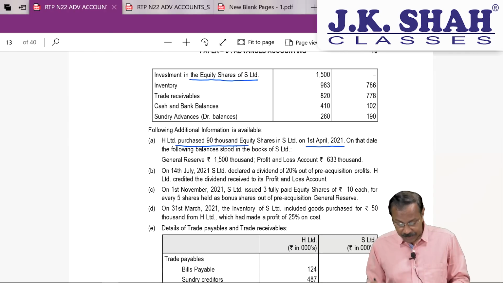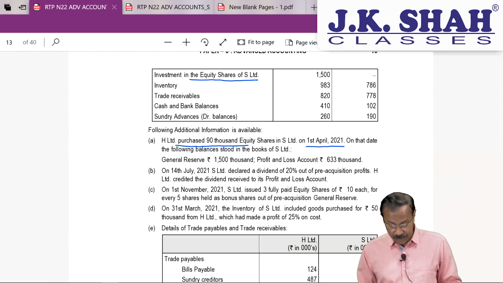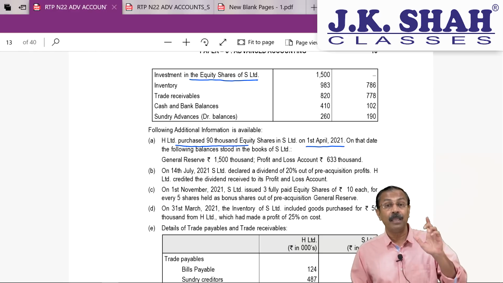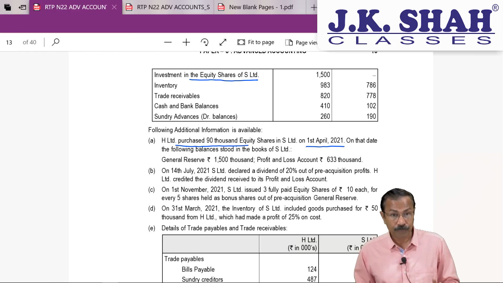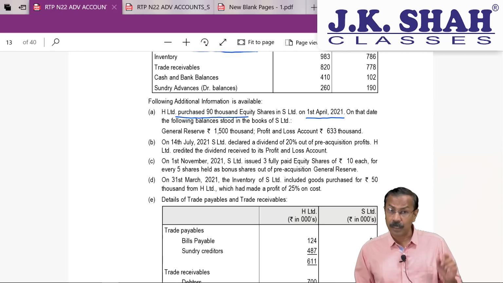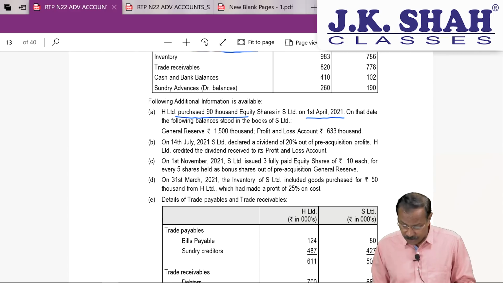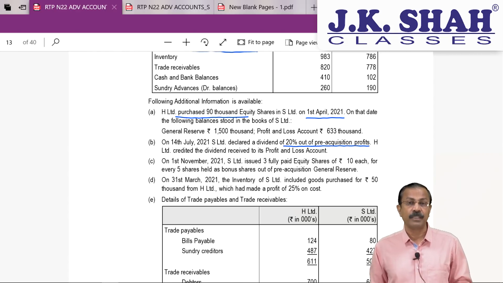On that date, the following balances stood in the books of S Limited: General Reserve 1500 and P&L 633. They are giving you the opening balances, remember. On 14th July 21, in the current year, S Limited declared a dividend of 20% out of its pre-acquisition profits.